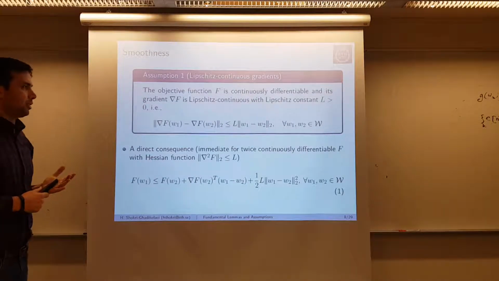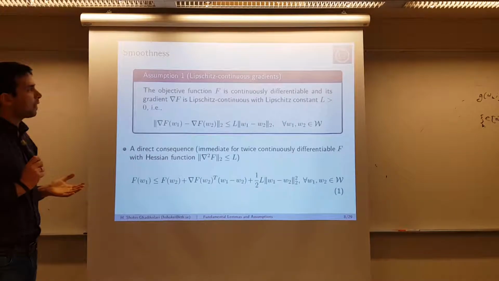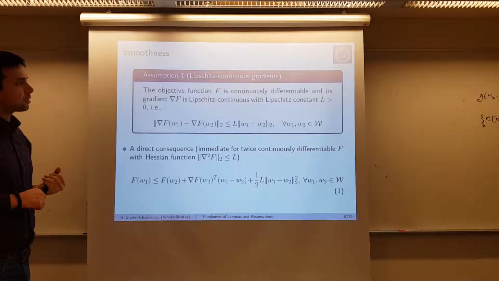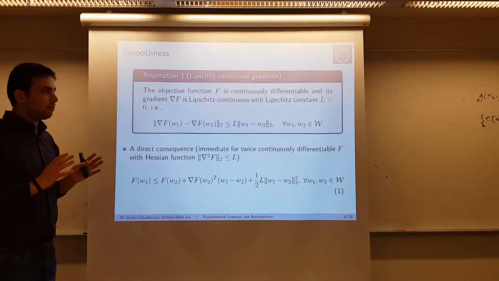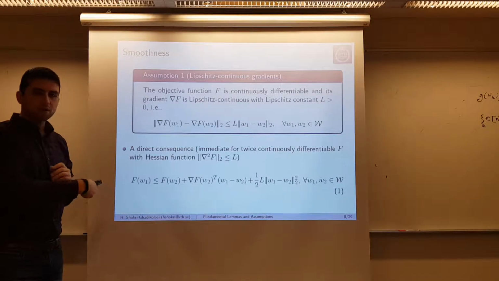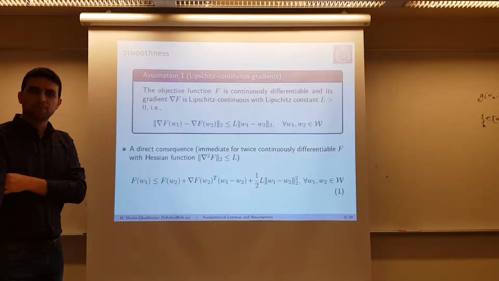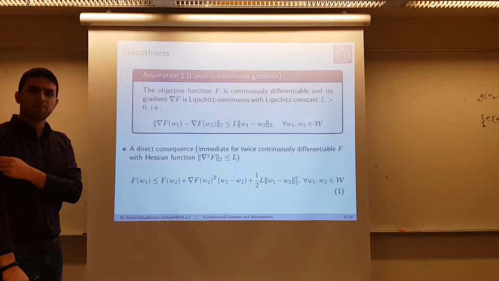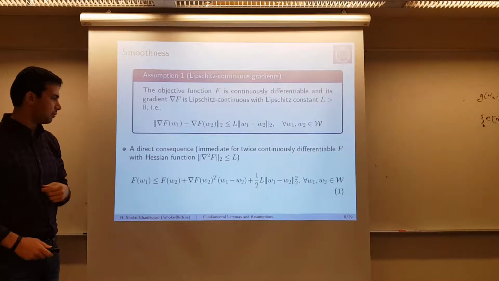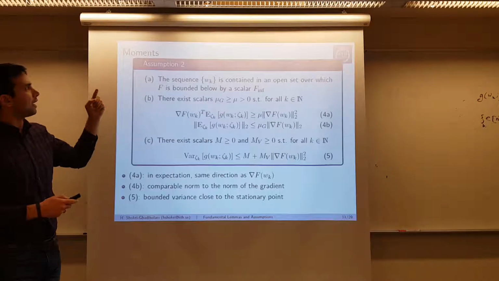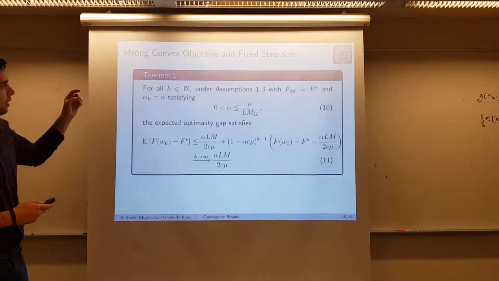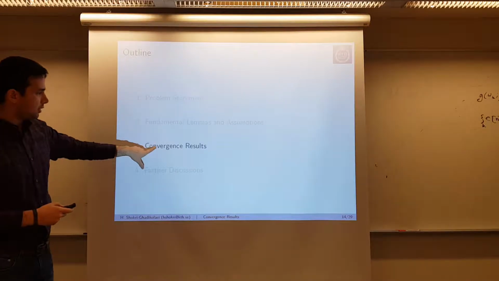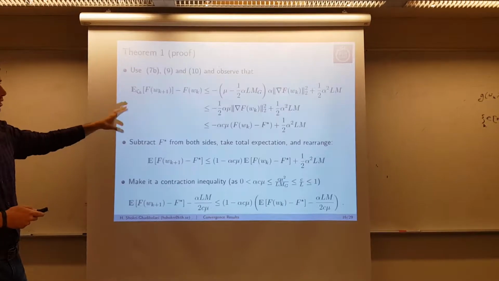The first assumption, assumption 1, is Lipschitz continuous gradient of the objective function. I should say that all the results that we will see... Sorry, you want to prove the convergence of the algorithm right now? Yes, we will see the proof. We have some theorems here in this third section, some convergence results and some proofs.